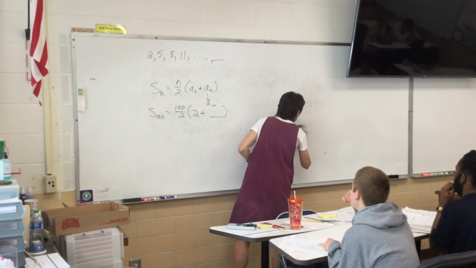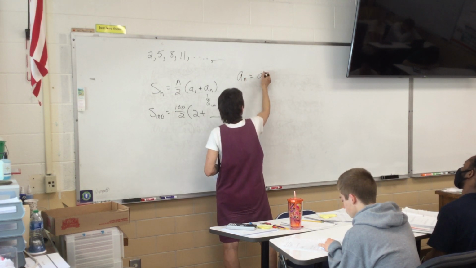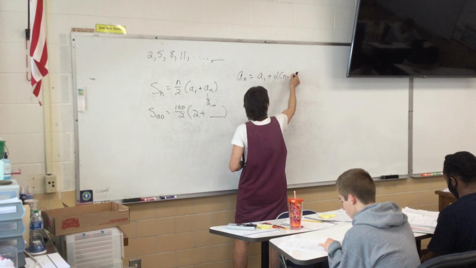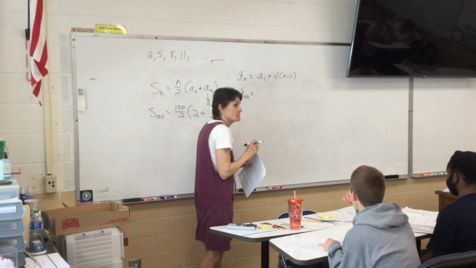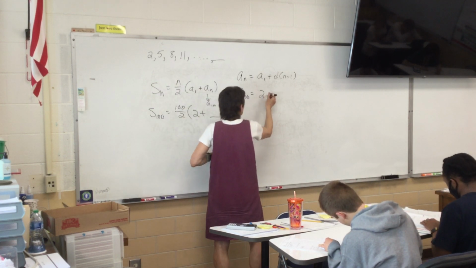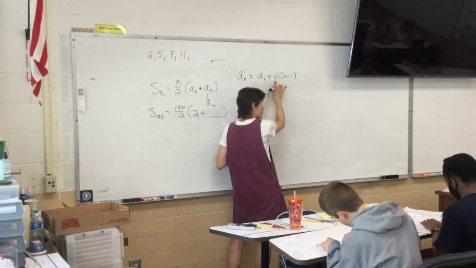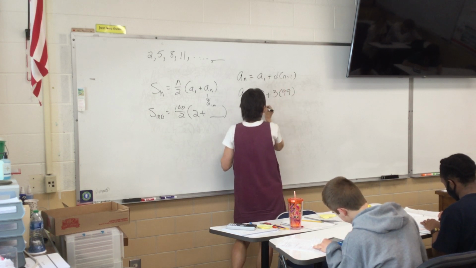I'm gonna have to go back and use my other arithmetic formula, which is this one. The 100th term will be the first term plus the common difference times 99. What did you tell me the difference was? 3 times 99.